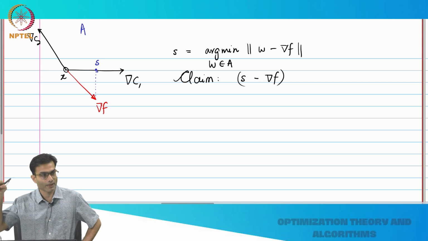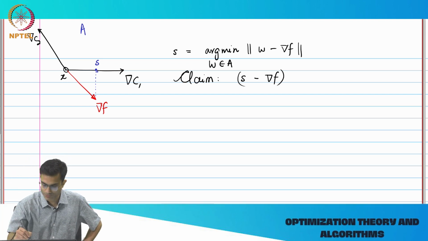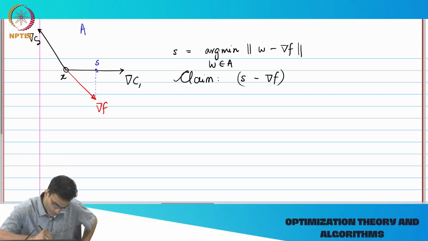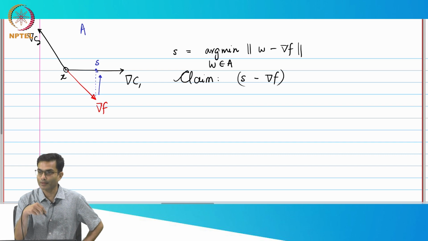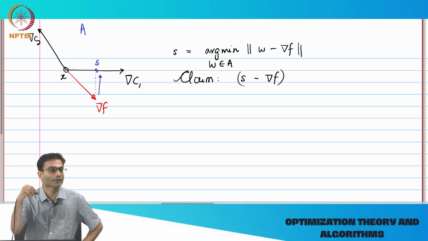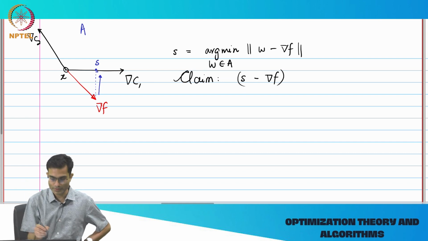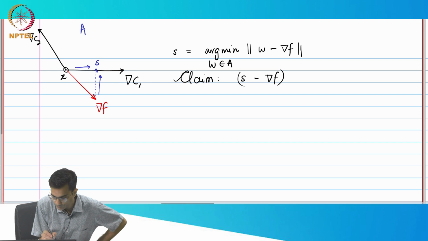It will point from grad f towards S, right? So if I draw it, this is what the vector looks like. And you can check it very quickly, right? If I take the red arrow, which is grad f, plus the blue arrow, which is S minus grad f, what should I be left with? S, which is what I get, right? Because S is this vector.